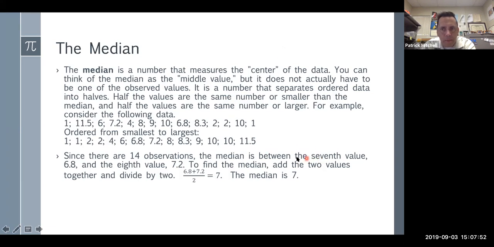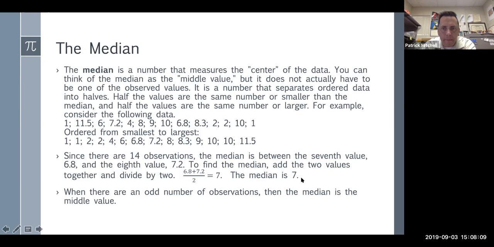The middle two numbers would be the 7th and the 8th numbers. To find the median, add those two together and divide by 2. So you're finding the mean of the middle two, and that comes out to 7. When there are an odd amount of numbers, it's easier because there will be one in the middle, and that middle one would be your median.